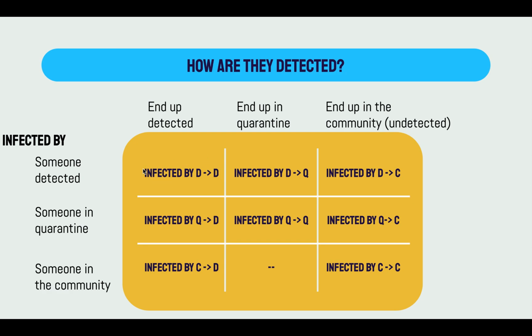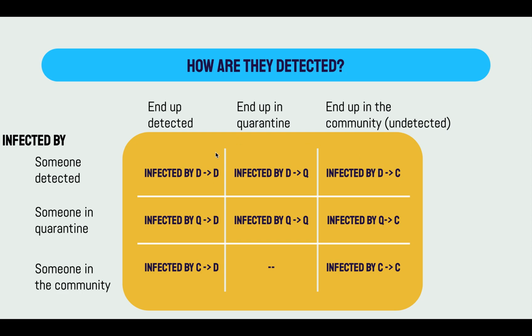And so in this top corner, we have folks who are infected by someone who is detected, and then themselves end up detected. And then in the next square, we've got those infected by someone who's detected that end up in quarantine. And then we have those infected by someone who was detected that end up back in the community, so they end up not being detected.